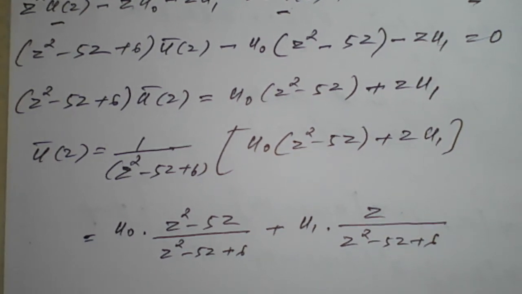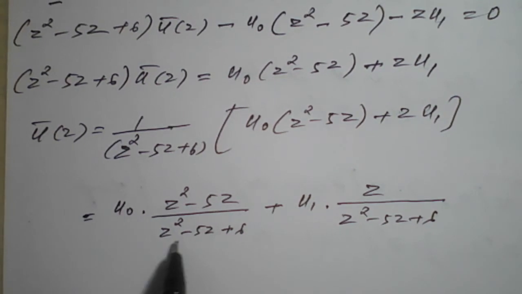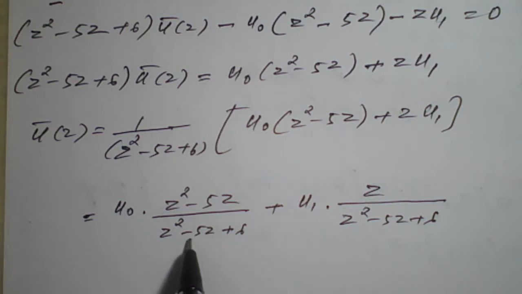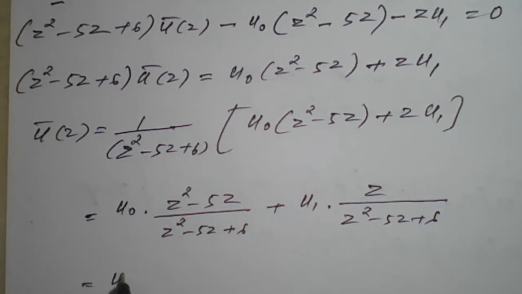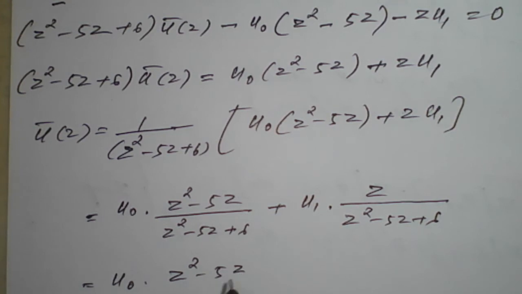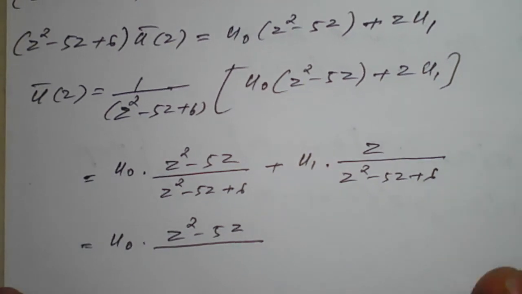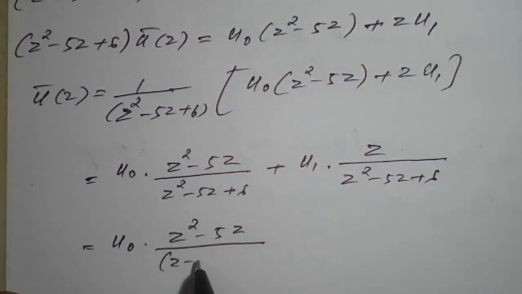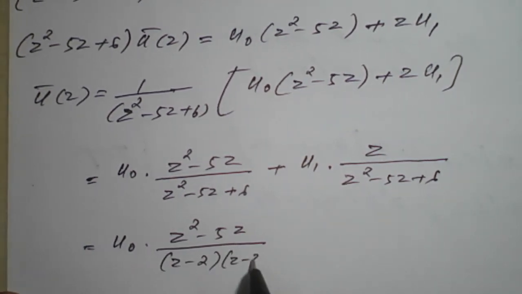So now we know that if you simplify this, z square minus 5z plus 6, on factorization, it will become u naught into z square minus 5z divided by z square minus 5z plus 6, which on factorization becomes z minus 2 into z minus 3.